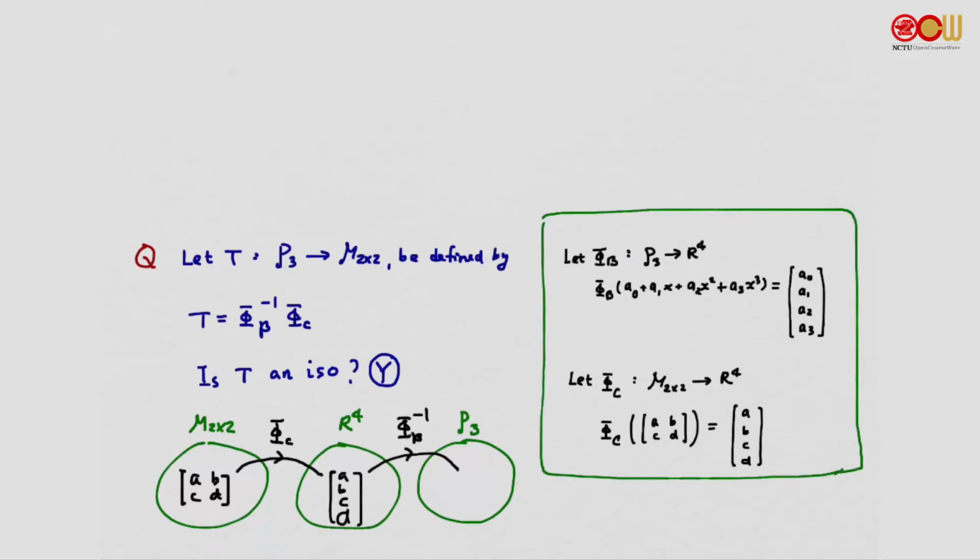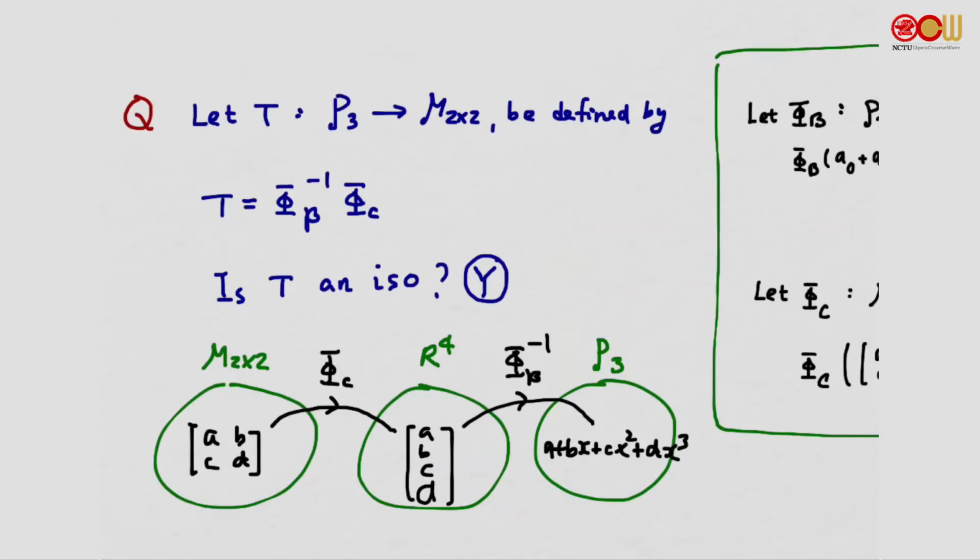What does phi B inverse do? Phi B maps a polynomial from P3 to R4. So phi B inverse will be the other way around. It maps a vector in R4 to P3. So R4 to P3. So the image will be a polynomial vector.